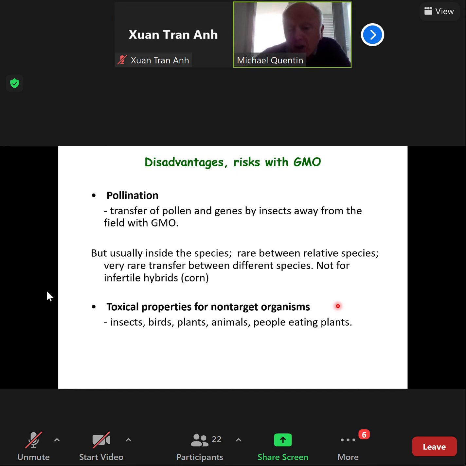There is a lot of research going on the toxicity of those BT toxins toward not only insects, but also toward birds, other animals, or even humans. Some research suggests it could have a toxic effect. Some research suggests it's not toxic, but as there is a risk, a lot of countries prefer not to grow those GMO plants.